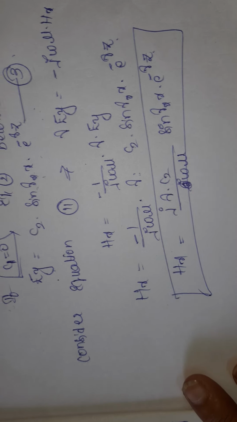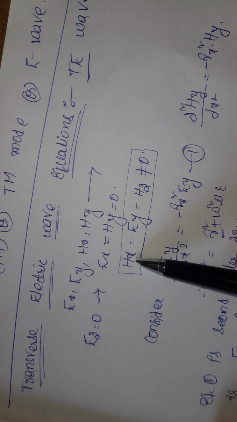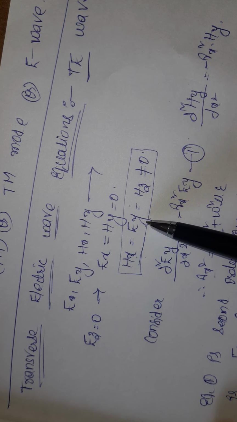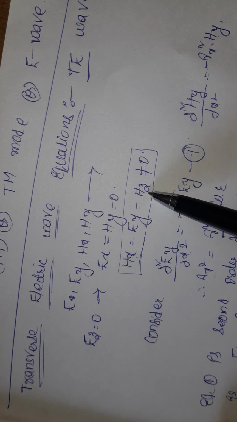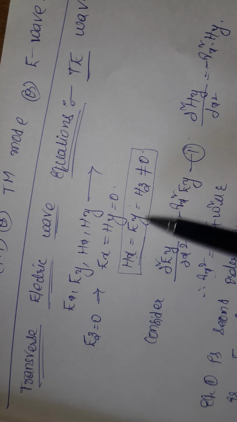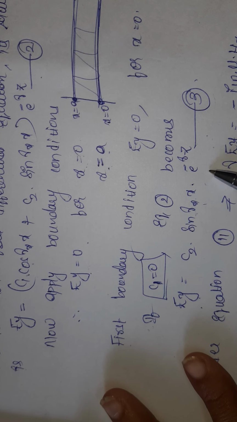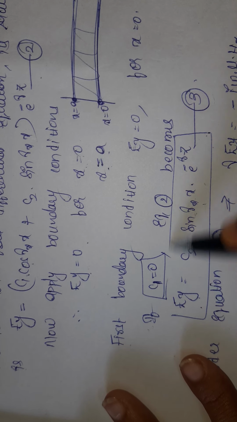Okay, so I got the expression for Hx. Similarly, we have to get the expression for Ey and Hz. And already we got the expression for Ey as C2 sin gamma x of x into e power minus gamma z. So two equations we got out of 3.